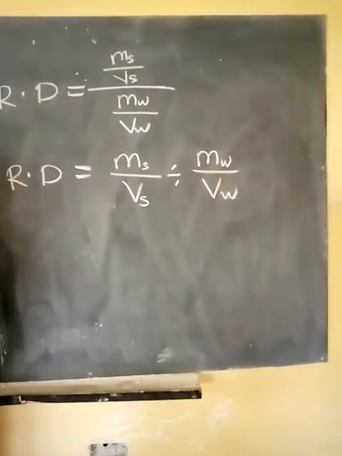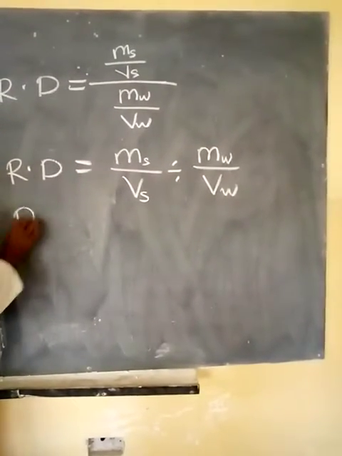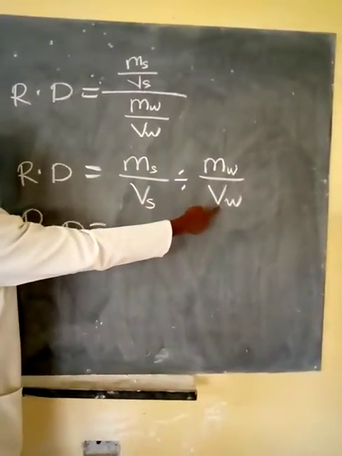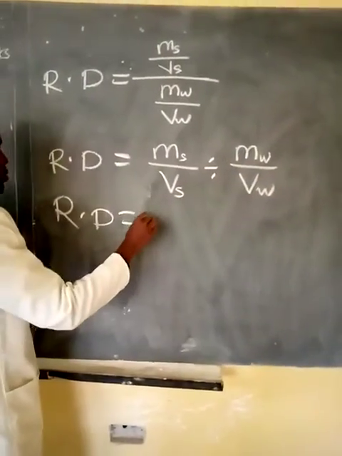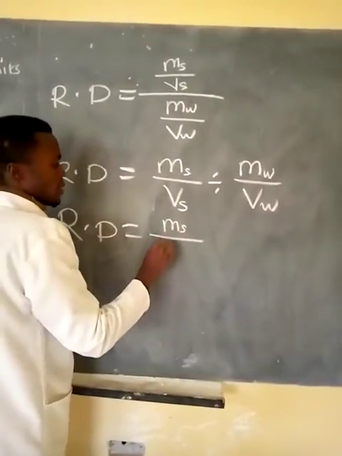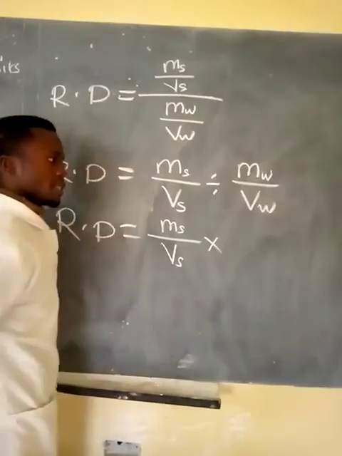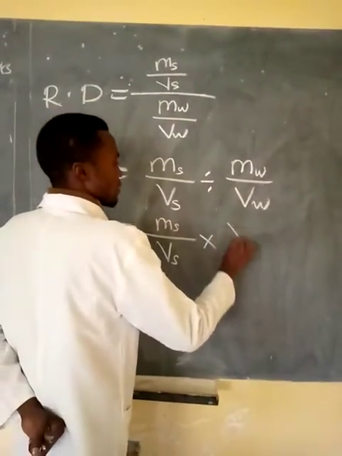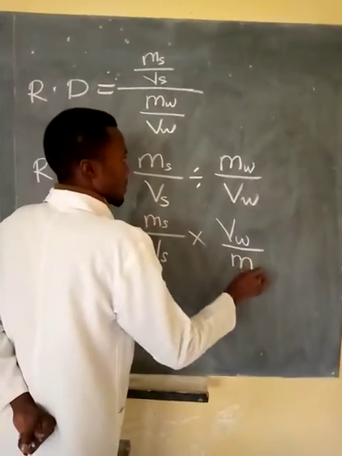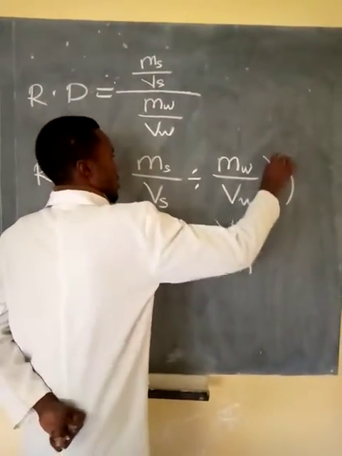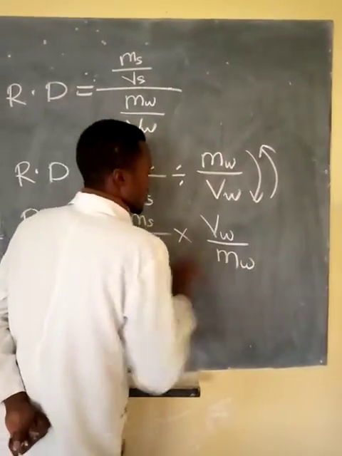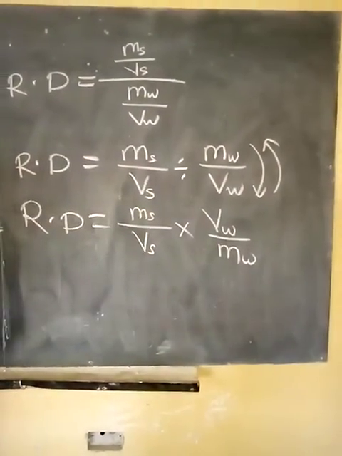This can also be, if you invert this fraction, Ms over Vs times Vw over Mw, because you're inverting it like that and putting a multiplication sign there.